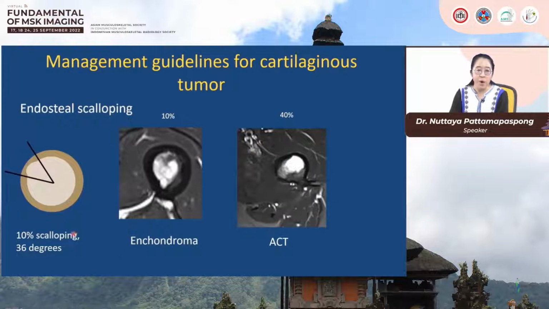This is how we quantify endosteal scalloping. This is 10% endosteal scalloping, which is roughly about 36 degrees. And this is an example of patient with enchondroma with limited endosteal scalloping and more extensive lesion that turned out to be a typical cartilaginous tumor.